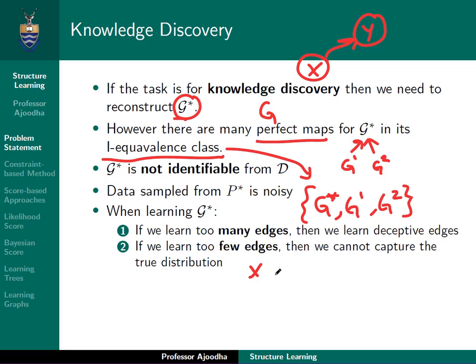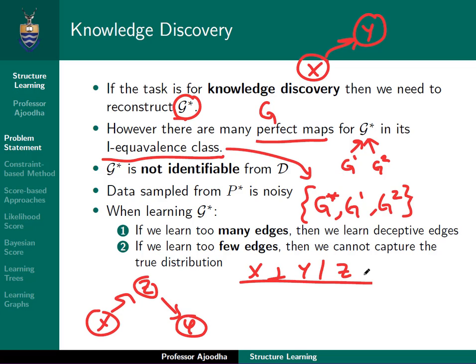So if I say X is independent of Y given Z, how can I draw the different networks that correspond to this? I can have X going to Z going to Y. This satisfies this equation. Let's say this is P star satisfying this equation. And then here's another one, with Z, and maybe you can go this way, okay?